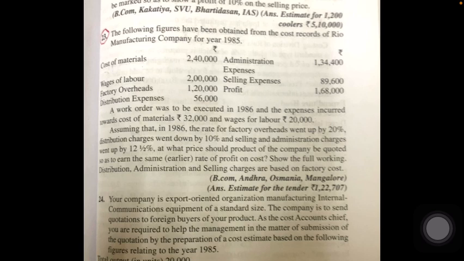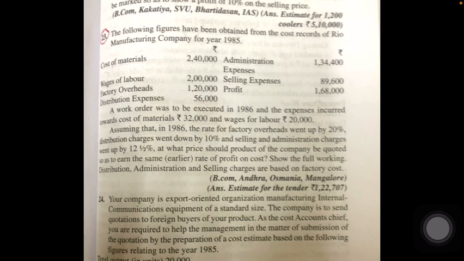These are all the last year details. And in the second paragraph, it is given that a work order has to be executed in 86, for which materials and wages expenses to be incurred are given. And in the last paragraph, third paragraph, how to recover overheads.